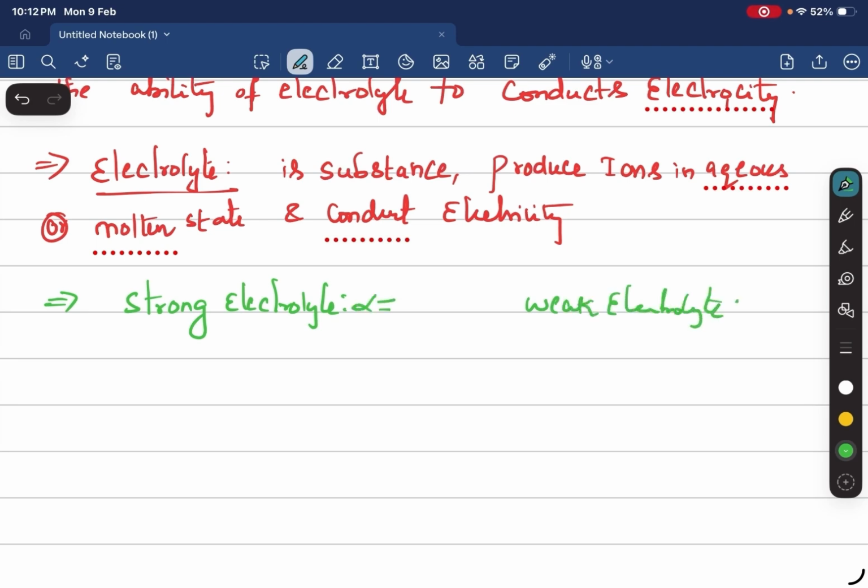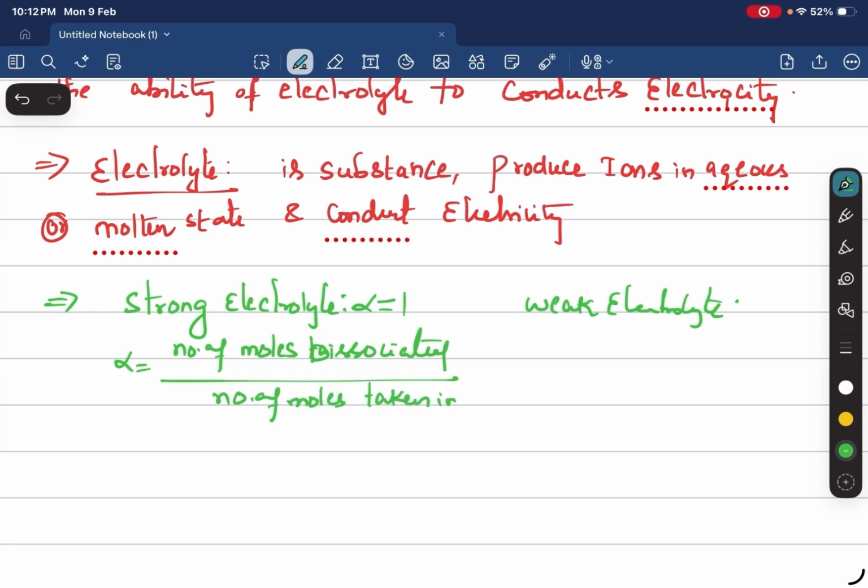Alpha value nearly 1 means whatever electrolyte you take, that completely dissociates into ions, because alpha is nothing but number of moles dissociated by number of moles taken initially. So whatever moles of electrolyte we took, that completely dissociate, so alpha is 1.